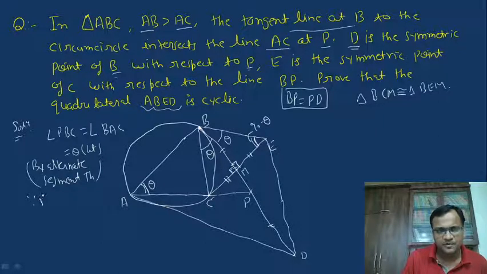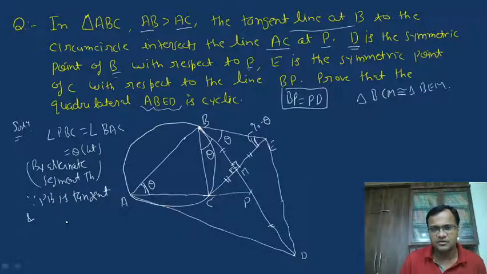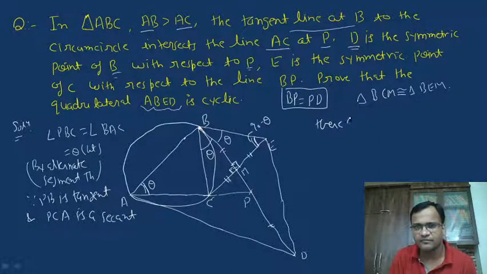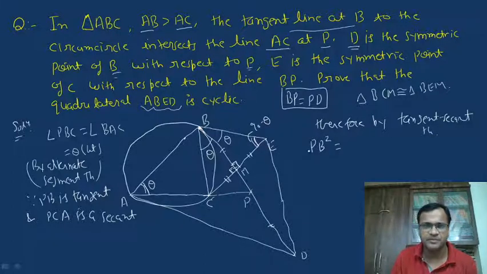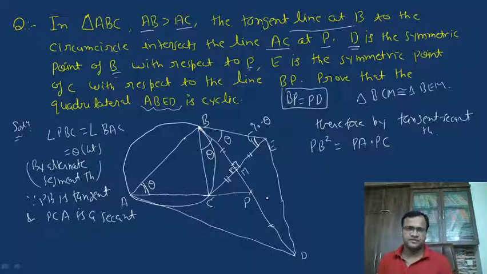Since PB is tangent and PCA is secant, therefore by tangent secant theorem, we can say that PB square equals to PA into PC.